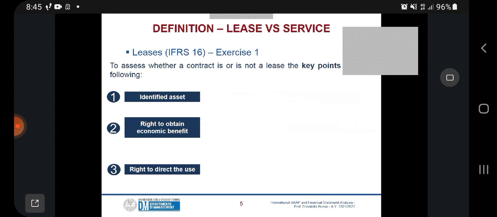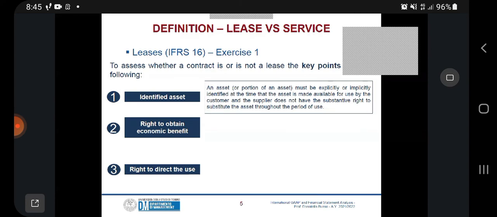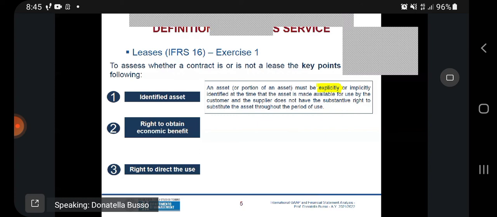Identified asset, not just a reading exercise, but just to give you some more indication. The asset must be identified. In most of the contracts, this is not a problem, because when you read the contract, the first thing is the identification of the asset. Think about a lease on cars.